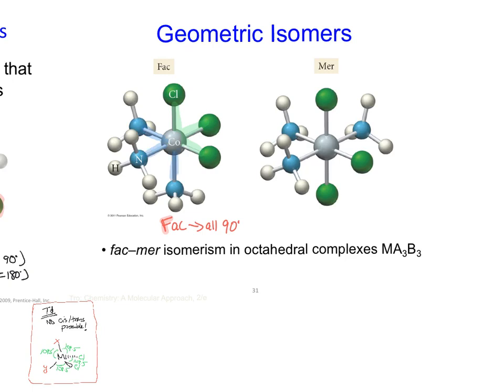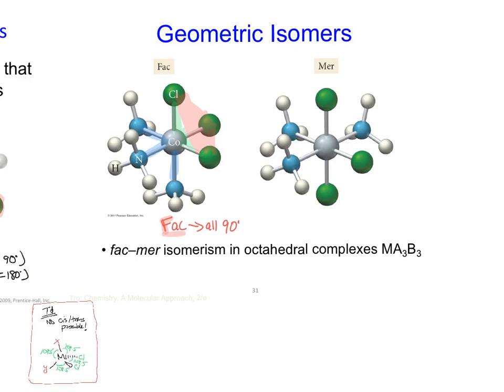If you have 3 groups at 90, the other 3 must also be at 90 based on the geometry of an octahedral structure. The reason this is called a facial structure is because if you were to cover this octahedral structure in papier-mâché, you would see that the facial arrangement takes up one face of the octahedral structure.